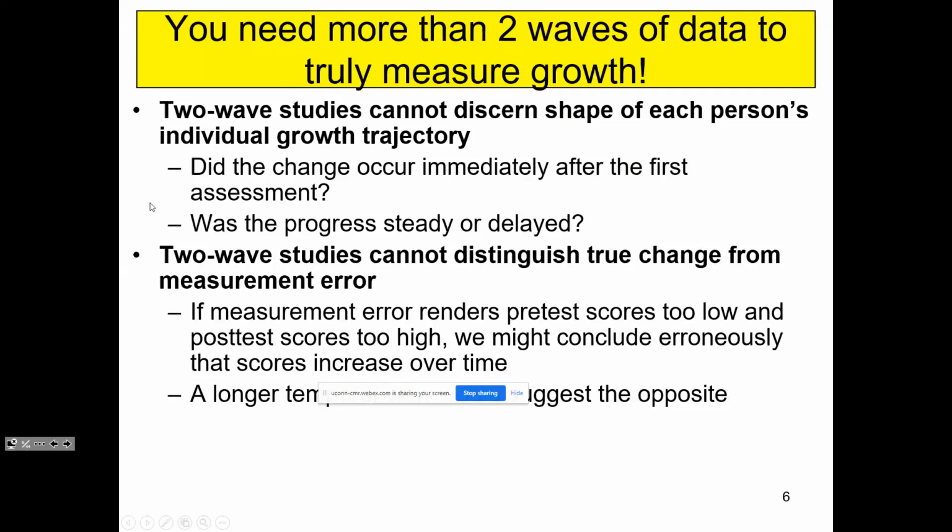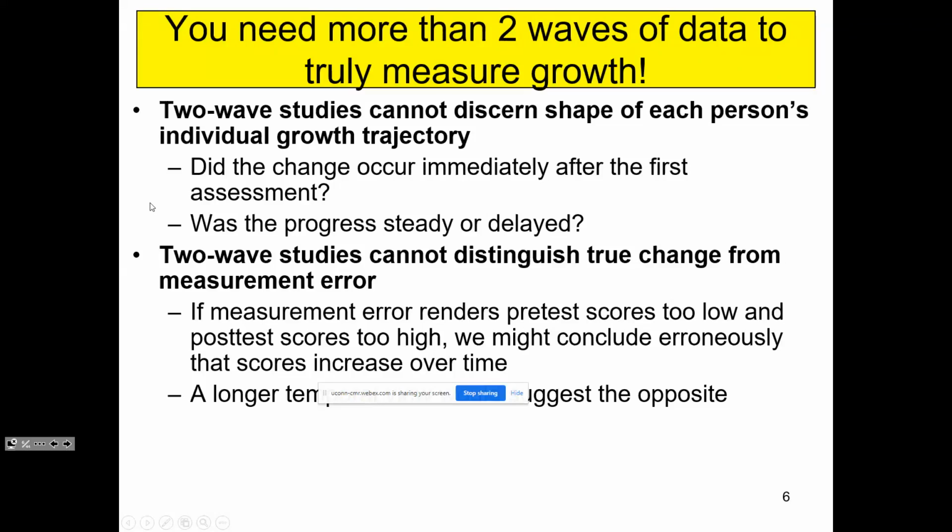To be fair, we can't do a great job of discerning the shape if it's nonlinear with 3 waves either. So more waves are better if you think the trajectory is going to be nonlinear, but 2-wave studies really don't get you there at all.